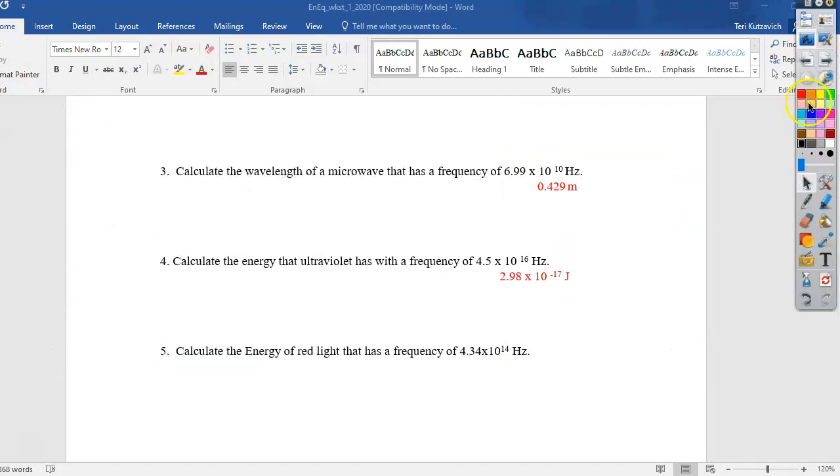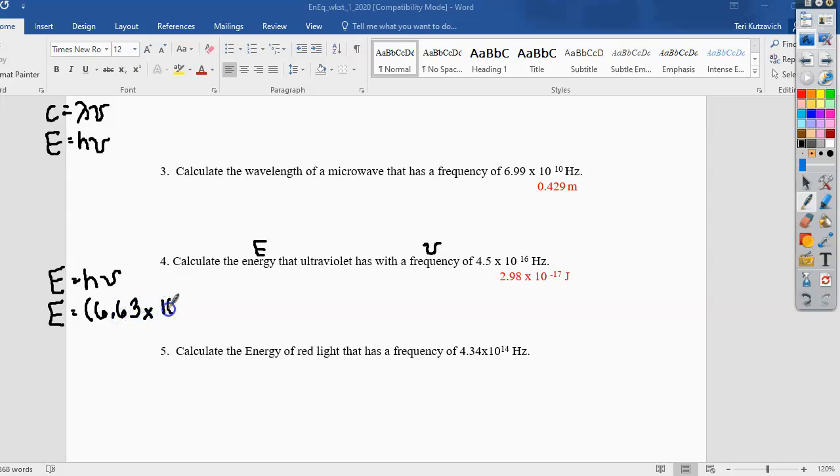I'm going to calculate the energy that ultraviolet has with a frequency. So you're looking for energy, and you're given the frequency. Write these symbols down. The only equation we have that has energy and frequency in it is E equals h nu. Remember h, we used it yesterday, as Planck's constant, 6.63 times 10 to the negative 34. If you want to use joules per hertz, you can, or you can use joules times seconds.